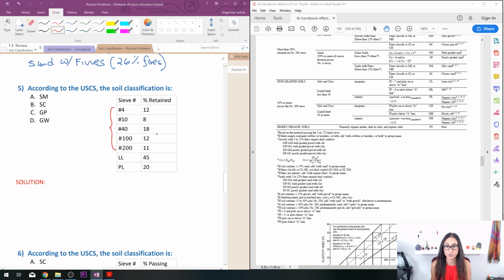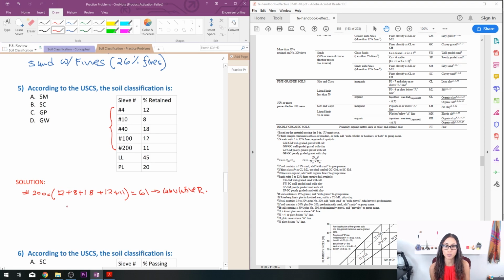So number 200 equals 12 plus 8 plus 18 plus 12 plus 11, and that should give you a sum of 61. So this is your cumulative percentage retained. You have to actually do the sum, or else you would get the wrong answer.